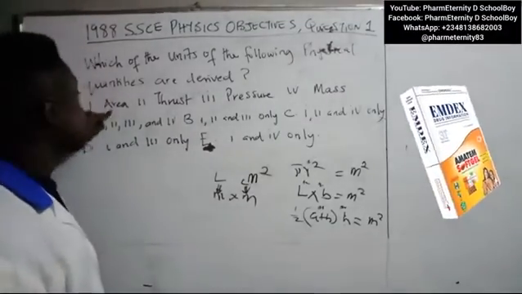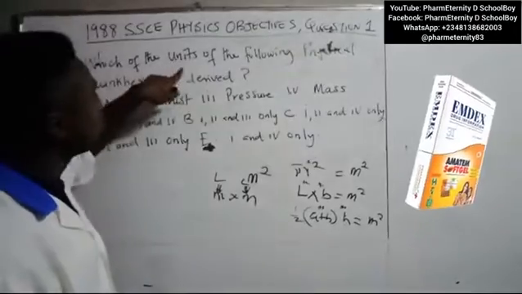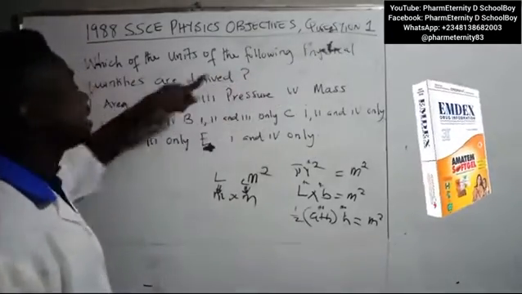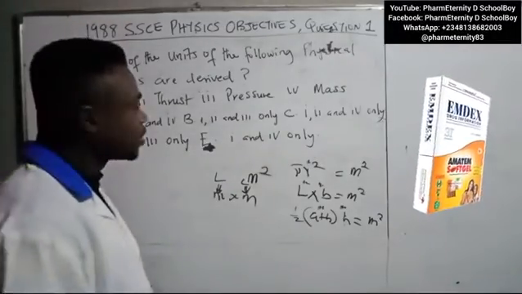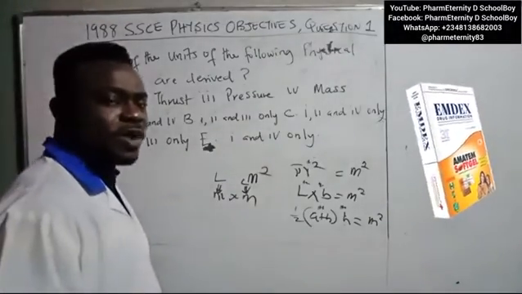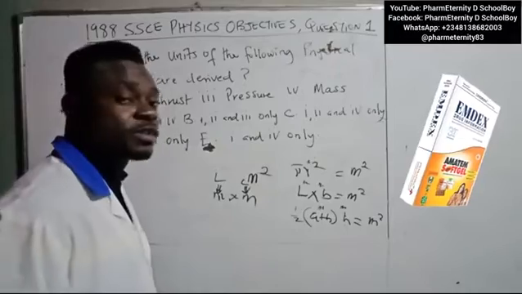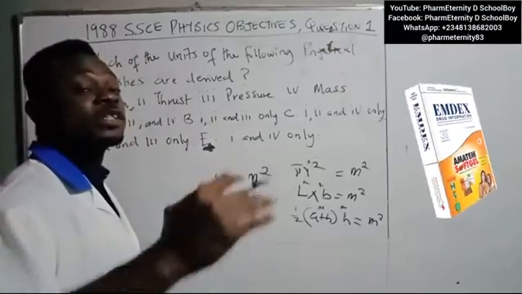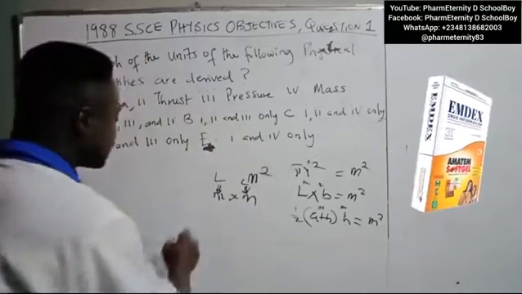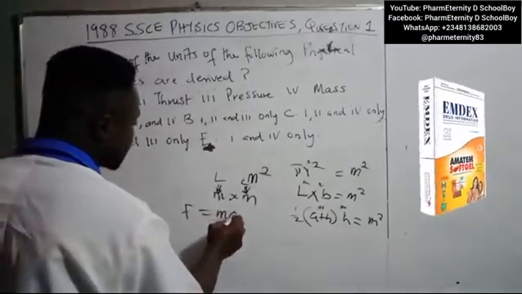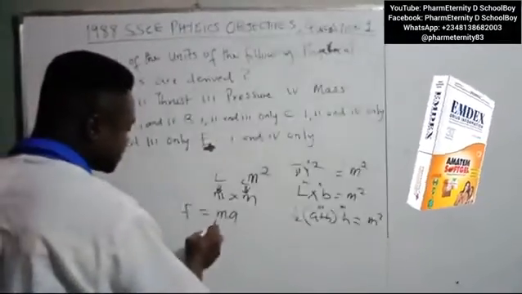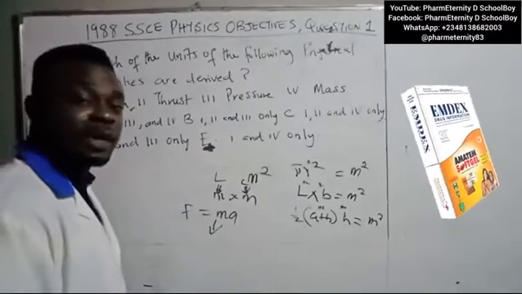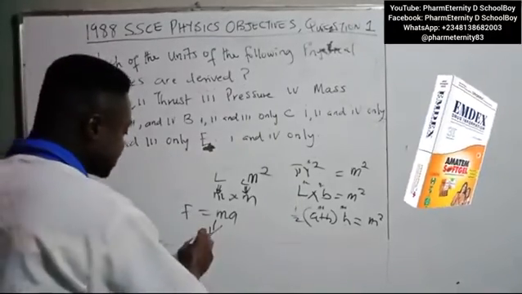The question says, which of the units of the following physical quantities are derived? So this is derived. I'll take it. Let's check thrust. What is thrust? Thrust is nothing but force in a fluid. So what is force? Force is mass times acceleration. Mass is fundamental, SI unit kilogram.